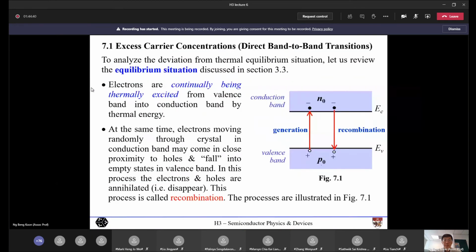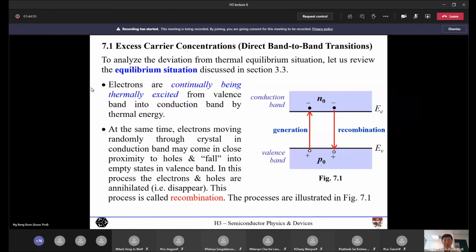Previously we talked about equilibrium condition, where the carriers in a semiconductor are just sitting there. Then we see that there are these two mechanisms that create or cancel out the carriers in the semiconductor, the generation and the recombination process.